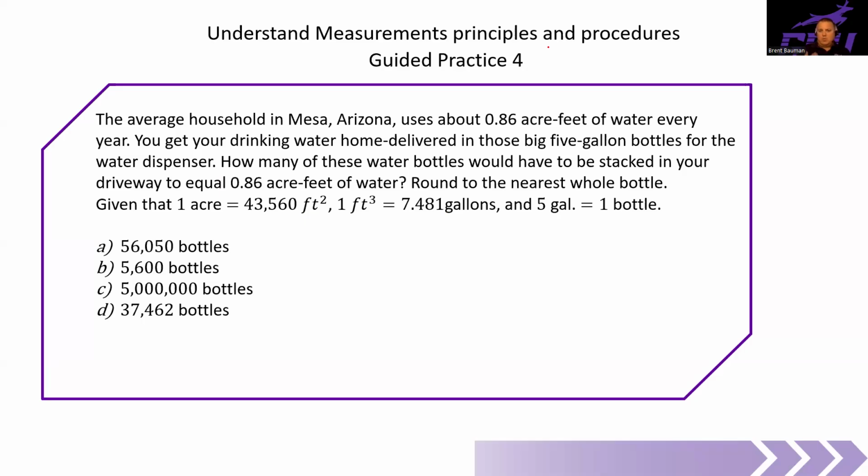So with this one, we're dealing with converting. You have different types of measuring how much water you have. It's telling us that we use about 0.86 acre feet of water every year. That's what we're starting with, the initial quantity. And we're trying to figure out how many 5-gallon bottles we would need. So we need to go from 0.86 acre feet to a number of bottles.